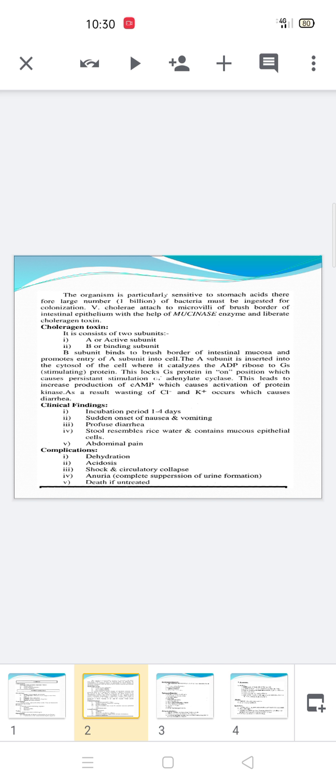So complications start, and the major complication is dehydration, which results in different types of metabolic disturbance like acidosis and shock, as a large amount of water is removed, and renal failure is also one of the complications.